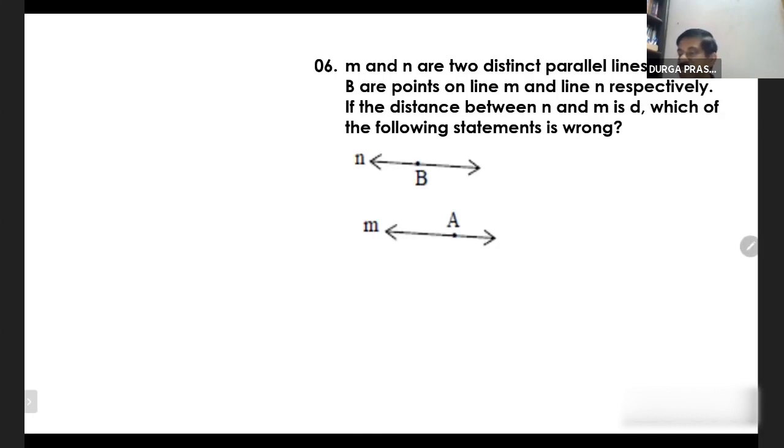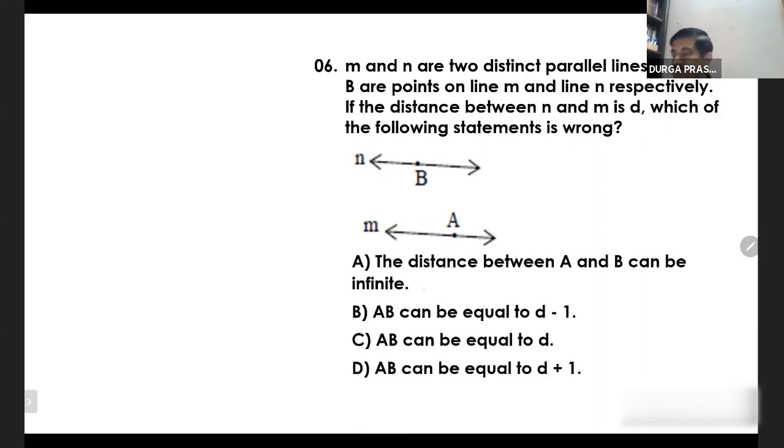You see, this is line M and this is line N. A and B are points on the lines. So the distance between A and B can be infinite. AB can be equal to D minus 1. What is D? Distance between N and M. Is this always the vertical distance? D, he says.